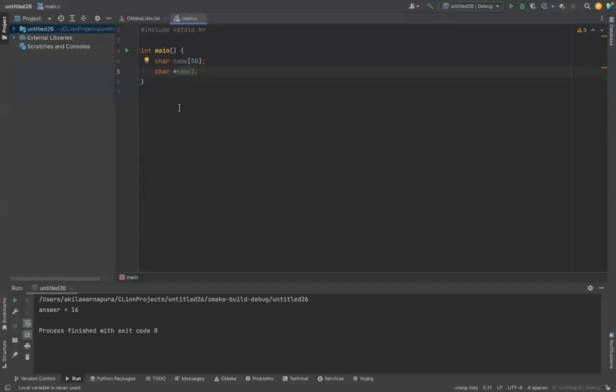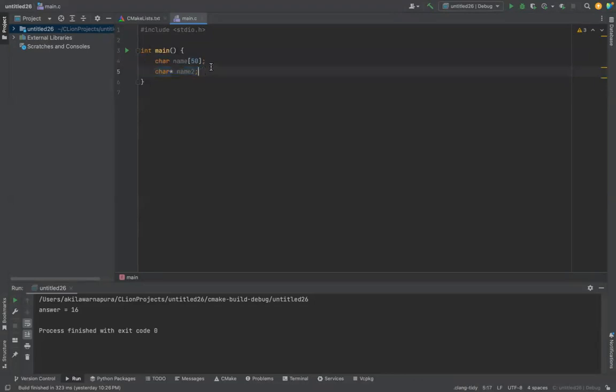That means it is a pointer variable which acts as a string. You can put the star either here or here. Both are correct. If you need to get the user input as a string value, that means a sequence of characters, you need to define the variable as a character array, or as a pointer.